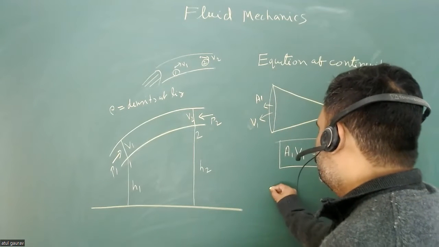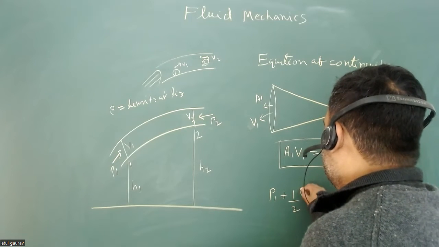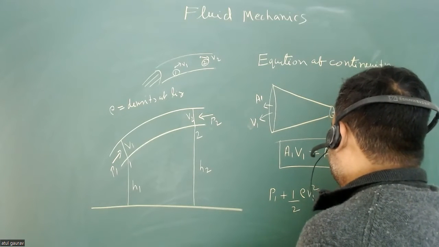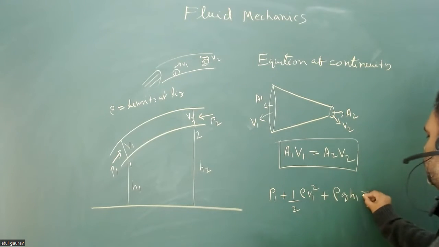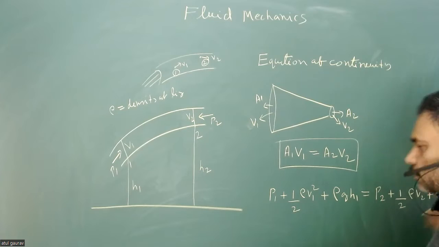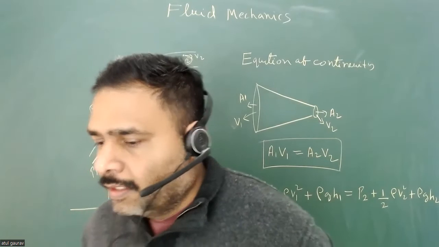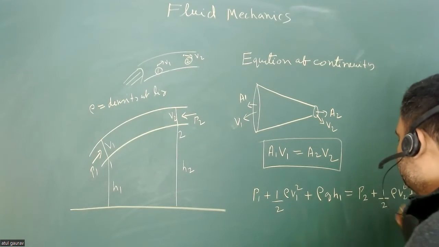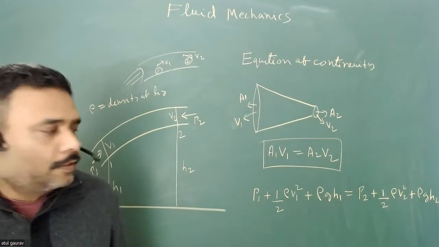So we have P1 plus half rho V1 squared plus rho g h1 must be equal to P2 plus half rho V2 squared plus rho g h2. This is very famously known as Bernoulli's equation.